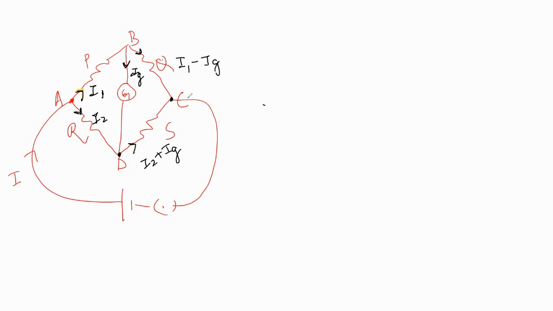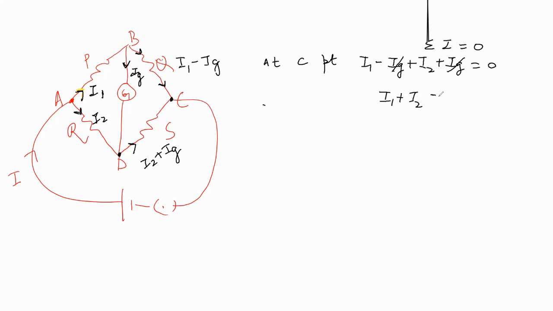So we can easily see Kirchhoff's law at C point. The total current reaching C point: summation I equals I1 minus Ig plus I2 plus Ig. Ig will get cancelled, so summation I equals 0 leaves I1 plus I2, and I1 plus I2 is equal to I. So the resolution of current we have done is correct.